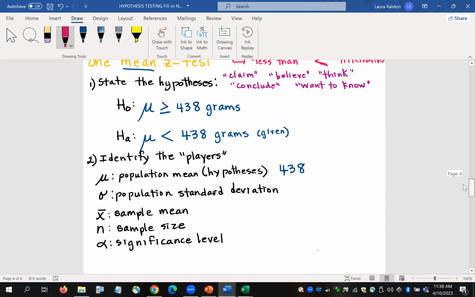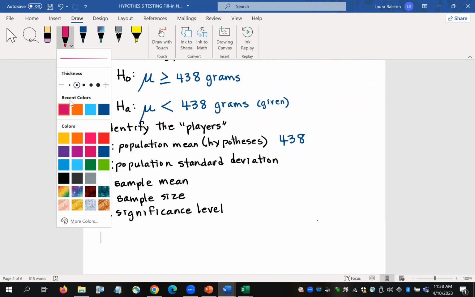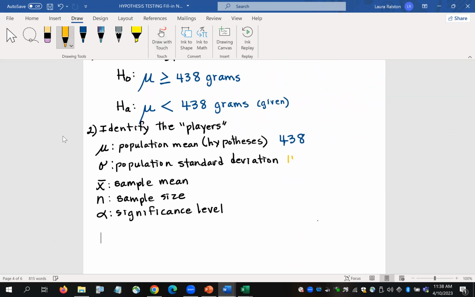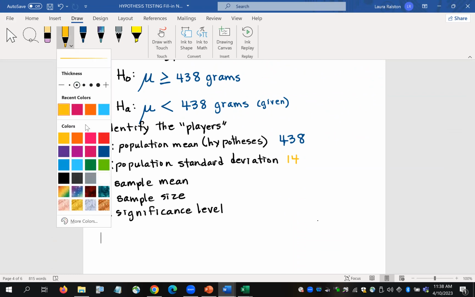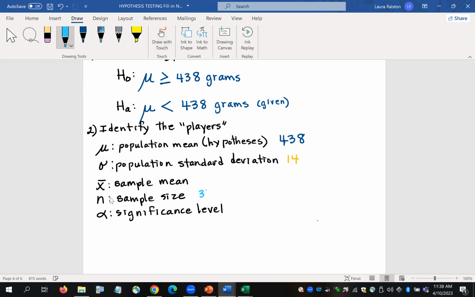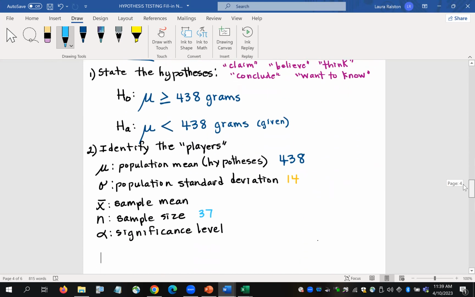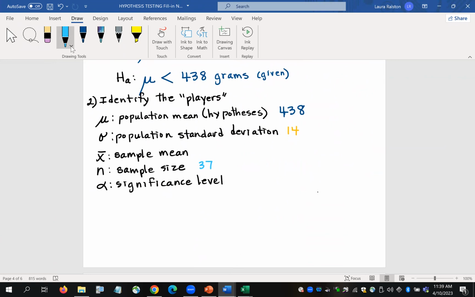Okay. It says assume the population standard deviation of 14. It says 37 bags were sampled. The sample mean, or the mean for those 37 bags, was 435.